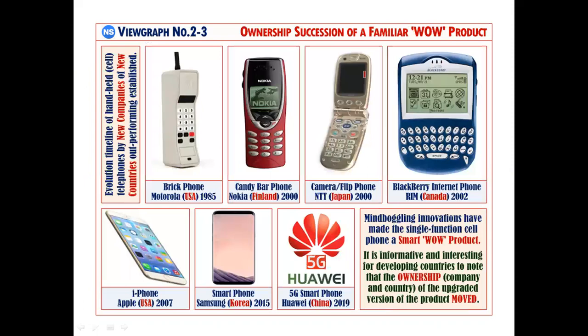And I'll come to that, but before I get to that, this is an interesting view graph I have for us to think. We are familiar with cell phone. I'm going to use, because this is a very good instrument for us. Everybody uses this. And let's say a little bit about the cell phone.